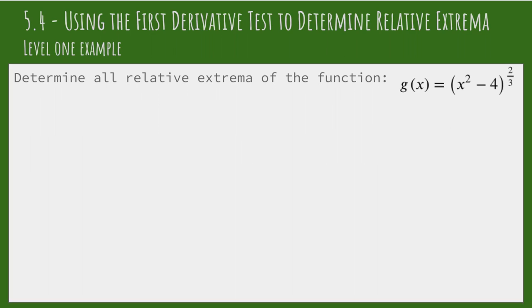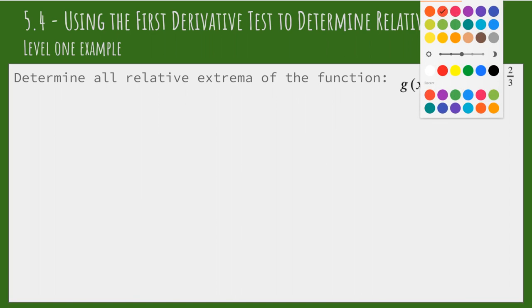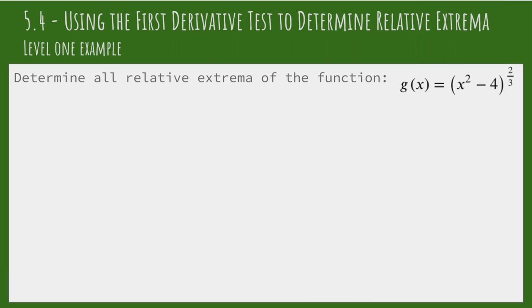Okay, second example, I'm going to go through this one with a little less explanation. We're looking for relative extrema, so we're going to start by finding critical values. Notice that we didn't restrict the domain here, so we're looking at all real numbers, and we're going to start by taking the derivative. So the derivative here would be 2/3, and then x squared minus 4 to the negative 1/3.